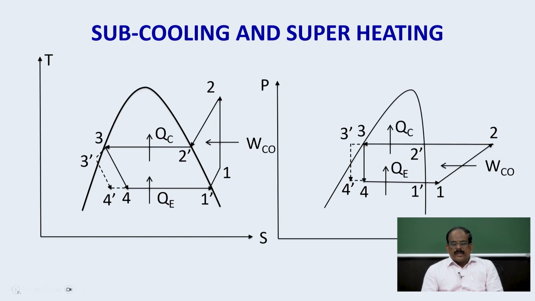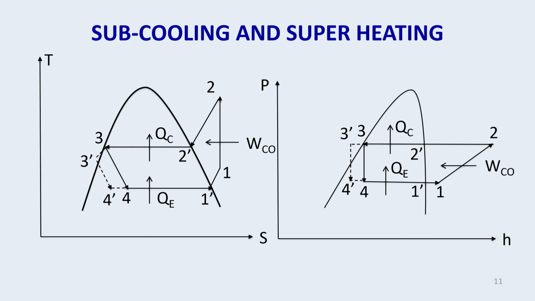So this is the T-s diagram and the p-h diagram, which shows the combination of subcooling and superheating. Here, 1 to 2 is compression, then we have condensation, 3 to 4 is throttling, and 4 to 1 dash is evaporation.